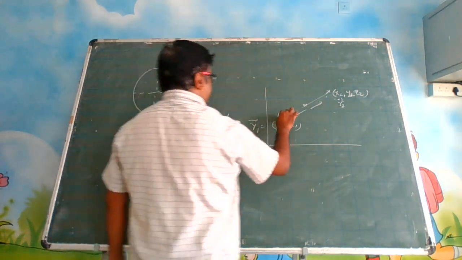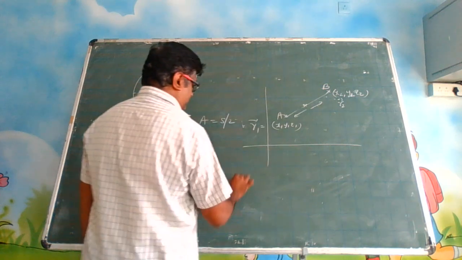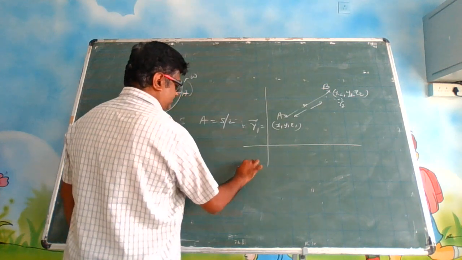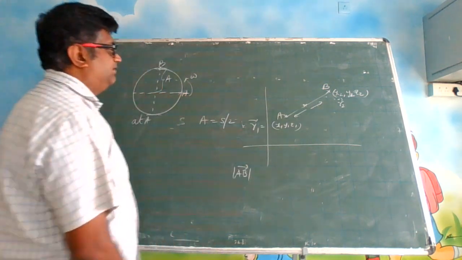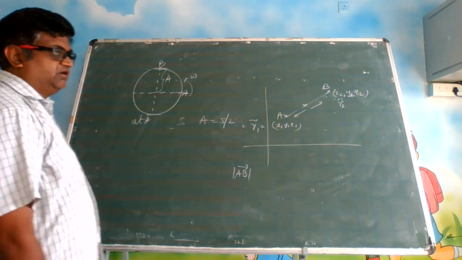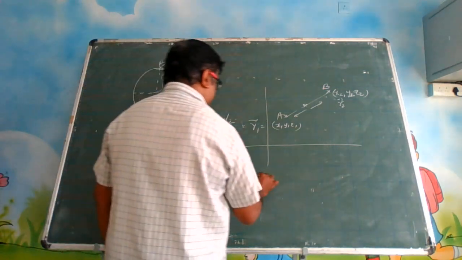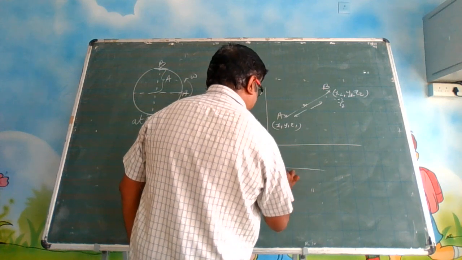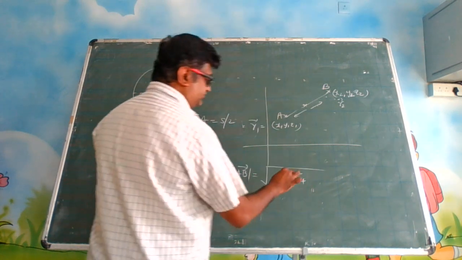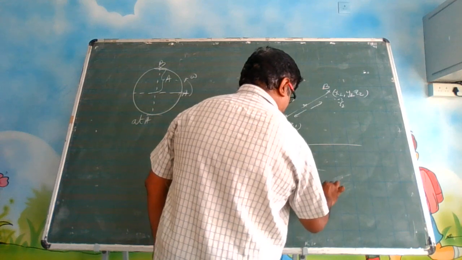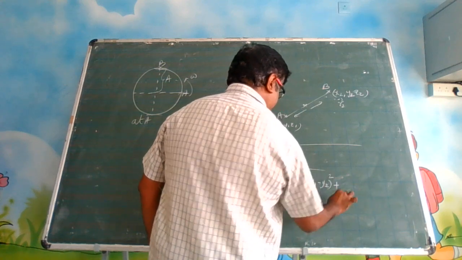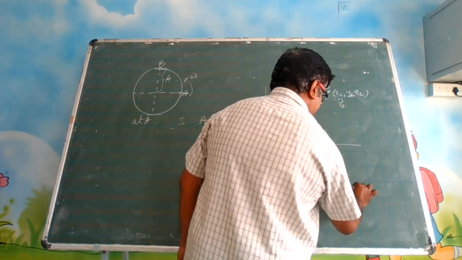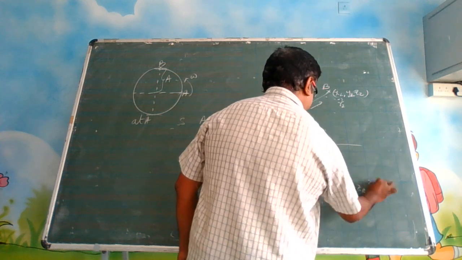So let us say this point is A, this point is B. AB is a vector, so I'm just calculating the modulus value. So it is root over x1 minus x2 whole square plus y1 minus y2 whole square plus z1 minus z2 whole square.